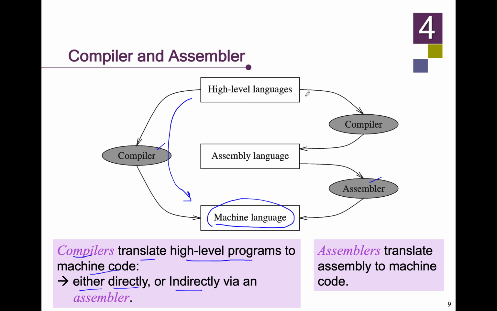How is it indirect? You compile it to assembly language first, which is indirect, via an assembler. You compile it into assembly language first, and from the assembly language you use your assembler to get your machine language. So this part is the indirect, while over here it is direct, which is where you change it directly.